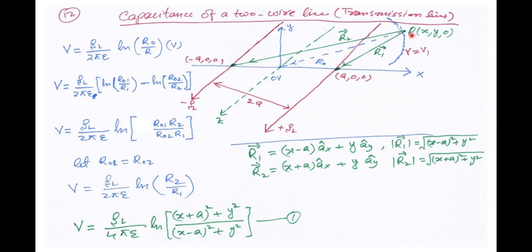We have to calculate the potential due to these two line charges at point P, located on an equipotential surface.